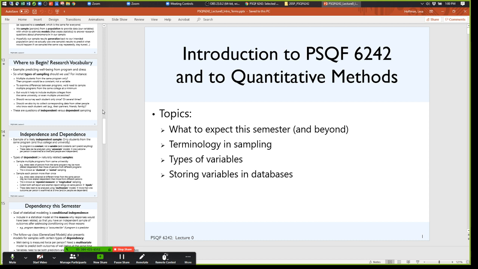Why that matters is that the models that we're starting with this semester, and this is all that we have time to cover this semester, are for independent samples. Those are the simplest cases of the models. Everything that you're learning in here, you will then add other stuff to be able to analyze data from dependent samples. But starting with dependent is a recipe for disaster.